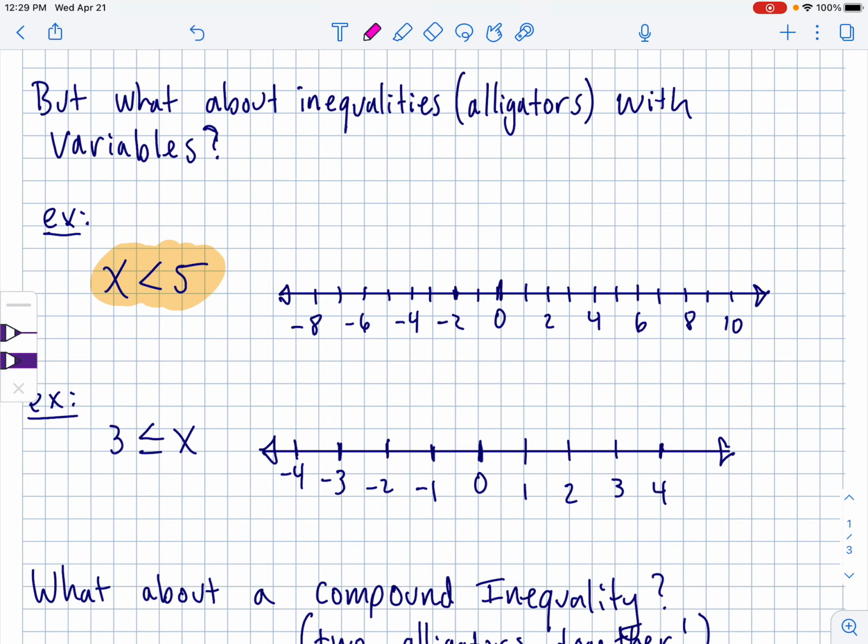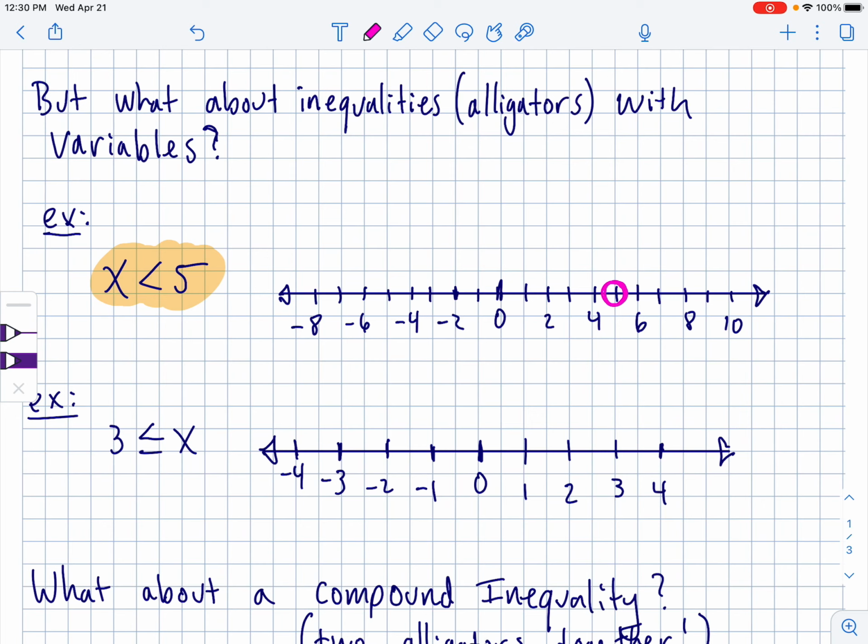The first thing you do is you have to decide whether or not this symbol is a greater than or equal to, or less than or equal to. If it's just a less than or just a greater than, it's not or equal to, what you do is you find the 5 on your number line, which is right around here. On the 5, you put an open circle.